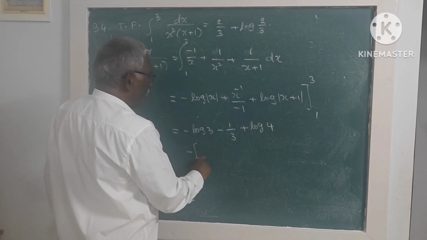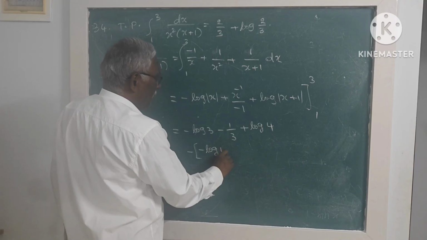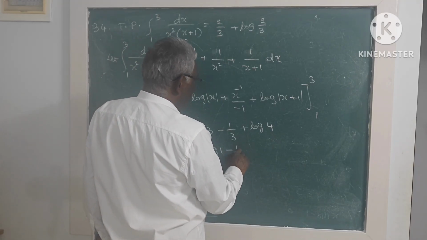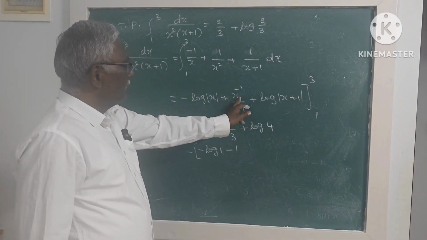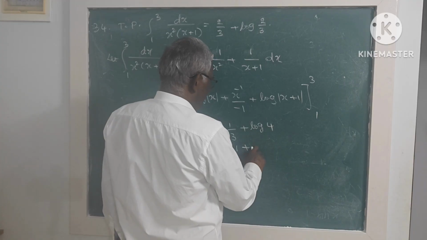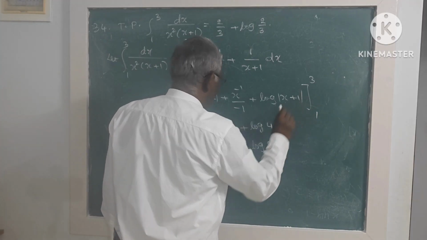Minus of, put x is 1, minus log 1 minus 1 by 1, x is 1 by 1 plus log of 1 plus 1, 2.